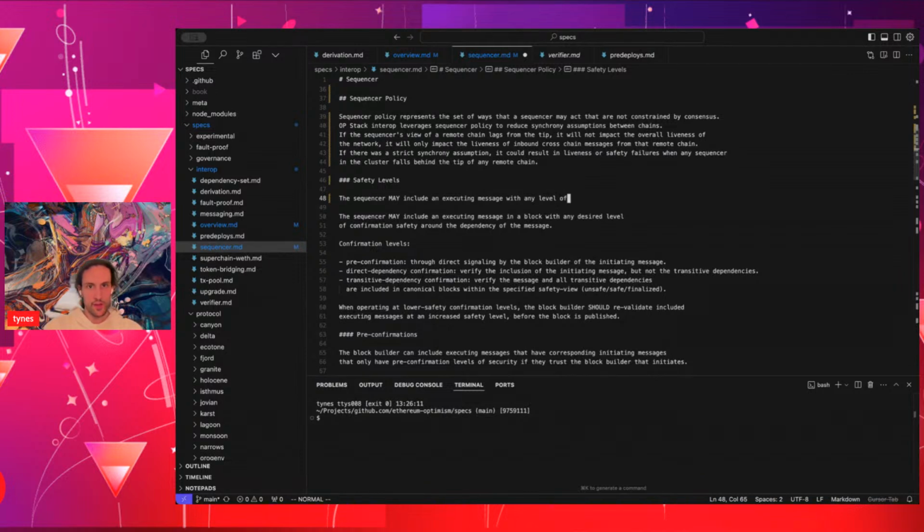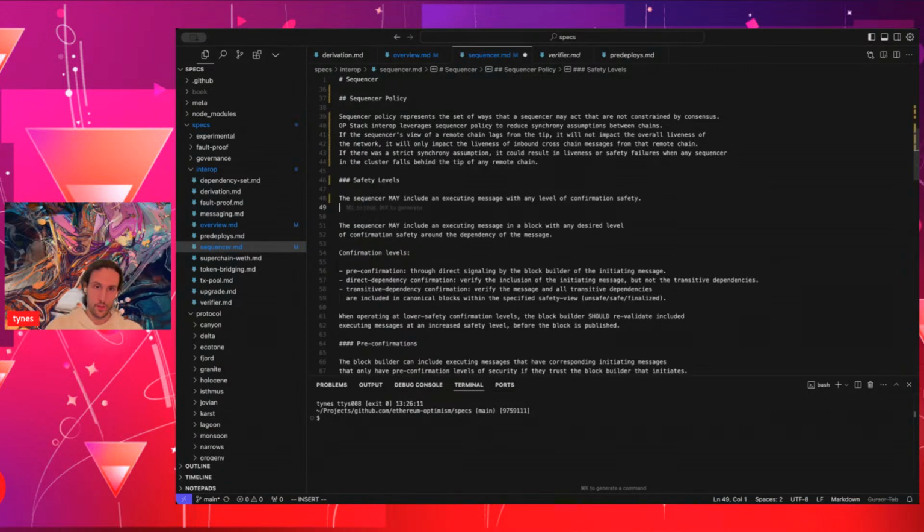Okay, so the sequencer may include an executing message with any level of confirmation safety, including pre-confirmation.